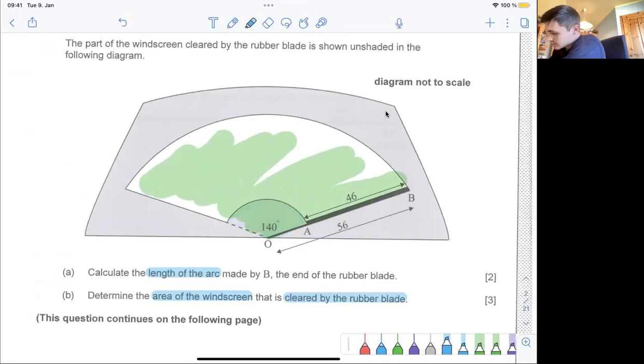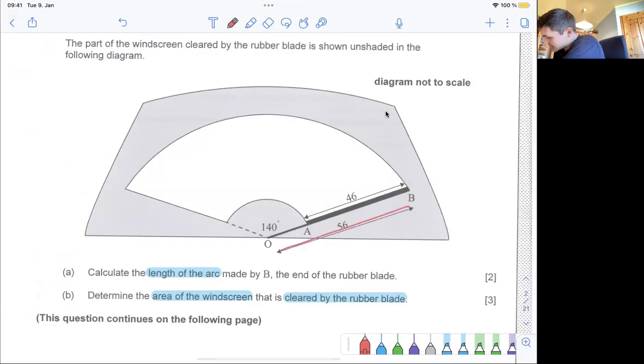In order to do that, we're also going to need to know what OA is. If O to B is 56 and A to B is 46, that means in here this would have to be 10 centimeters. So O to A is equal to 10 centimeters.